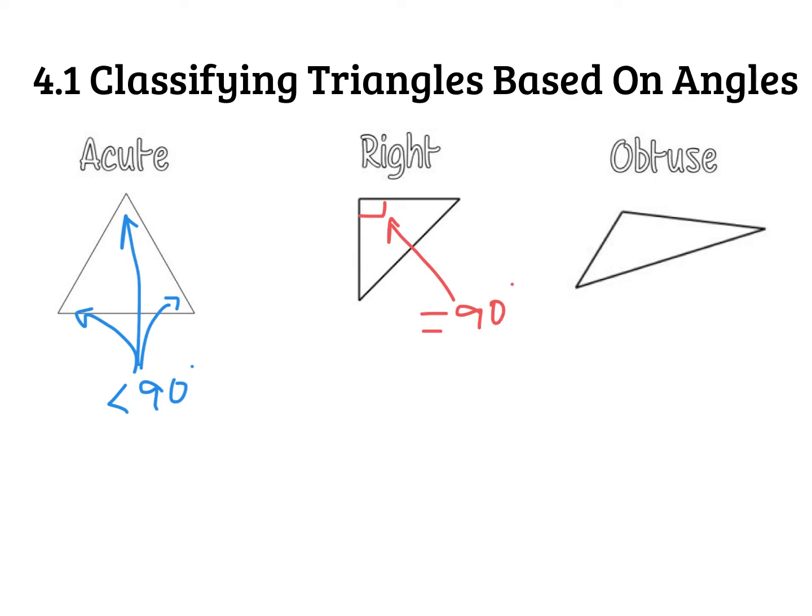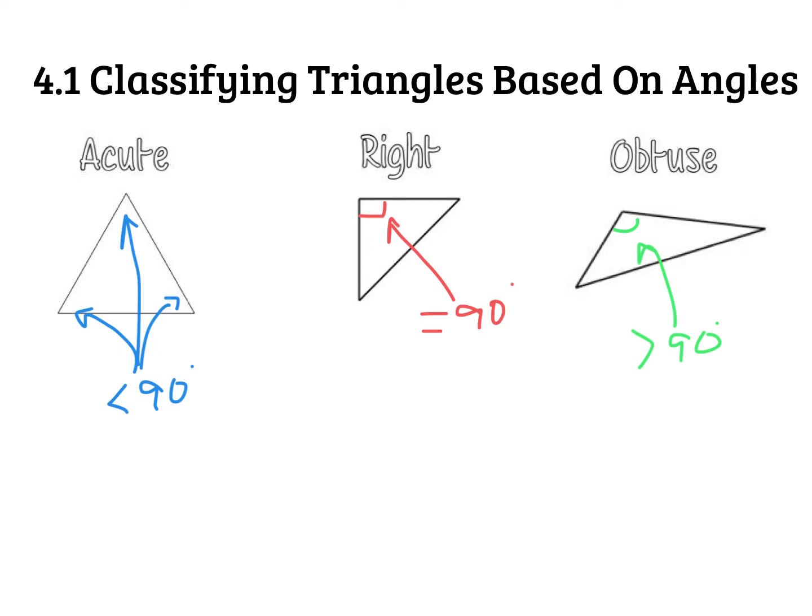So if this angle, for example, is an obtuse angle greater than 90, right? So anywhere between 90.1 to 179, something less than 180 and greater than 90, we would have an obtuse triangle. So ideally, we would have both things, right? The angle measurement and the side measurement.